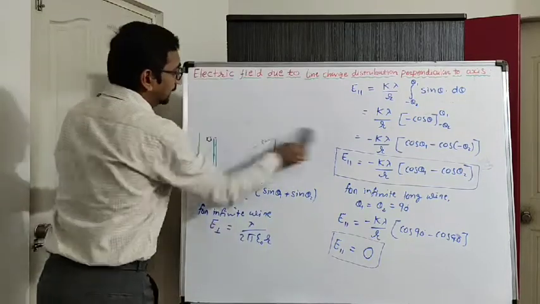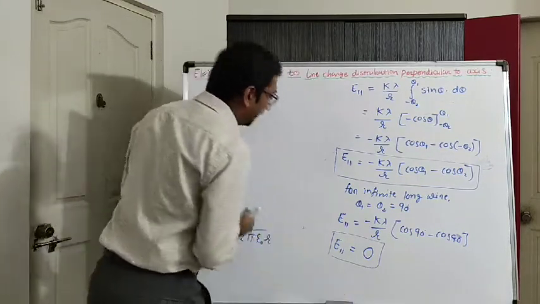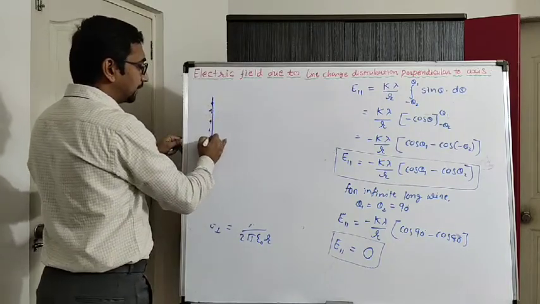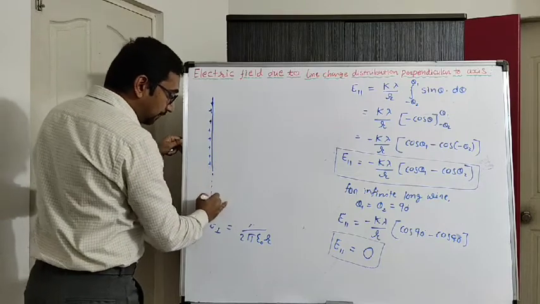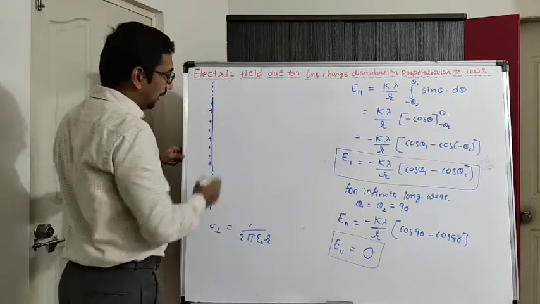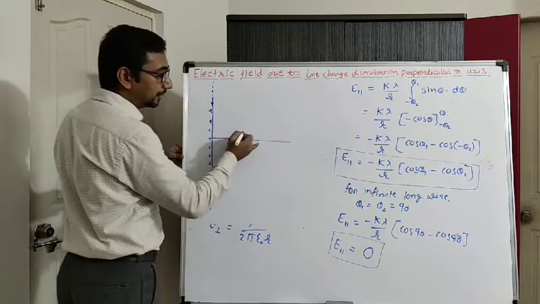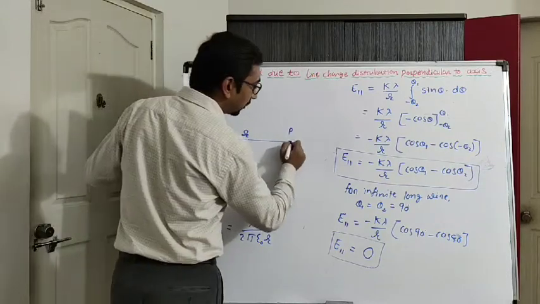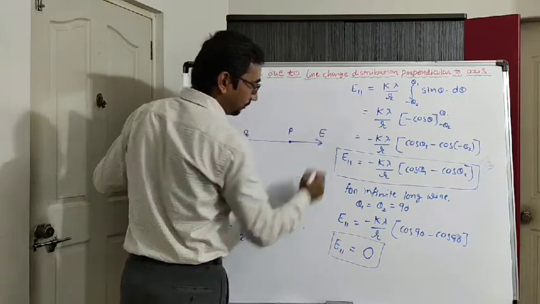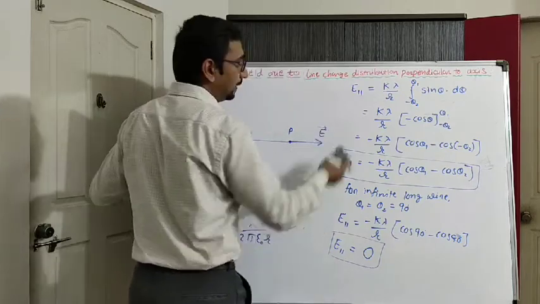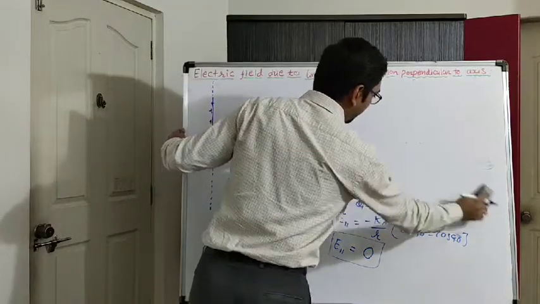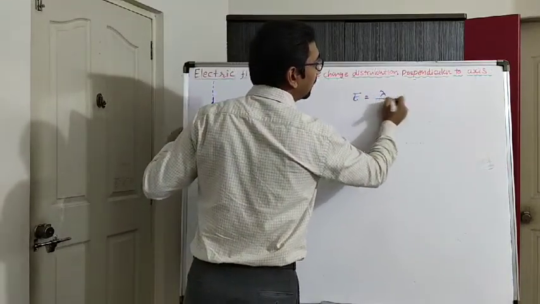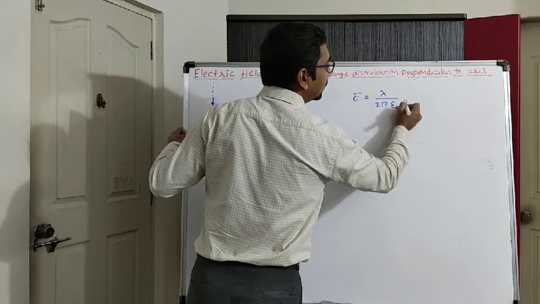That means if we have a long wire which is uniformly charged, infinitely long on both sides, and we want to find the electric field due to it at distance r, point P, this electric field is always perpendicular to the wire. The direction of electric field is always perpendicular to the wire, and the magnitude is lambda upon 2 pi epsilon 0 r.